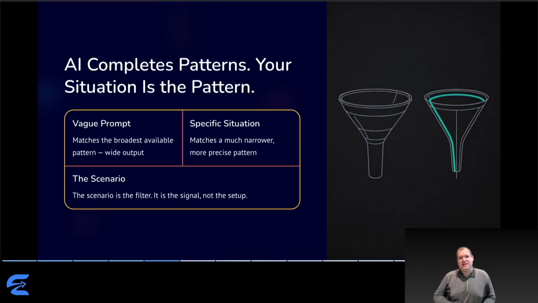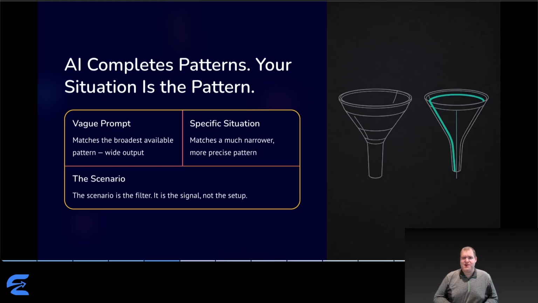And this connects directly to the pattern completion framework from the Making AI Make Sense series. Every prompt activates a matching process. The model scans everything it was trained on and finds the closest match to what you gave it. A vague prompt matches the broadest available pattern. The output is wide because the input was wide.